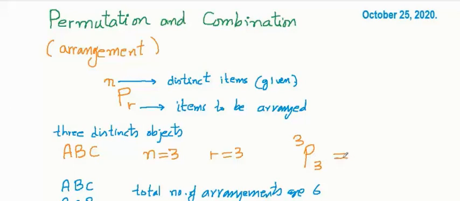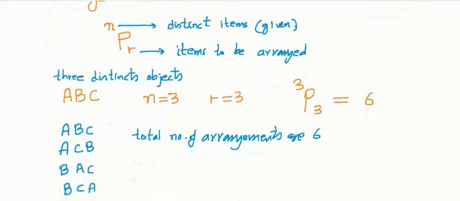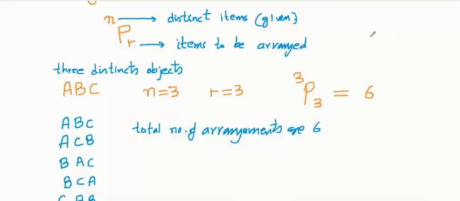If you use the calculator, you will get 6. Now, if every time we will not have the calculator with us, if it is multiplication or division, we can do without a calculator. Now, how can we do 3P3 without a calculator?